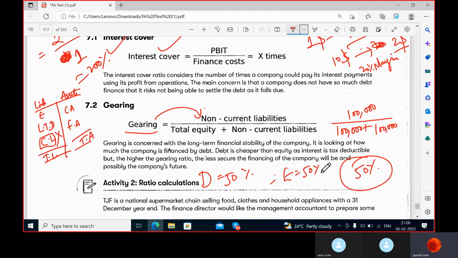So many companies want to take more debt than equity. Why? Because they find it easier to arrange, and they have some advantages with this debt finance. What advantage they have is, debt finance is nothing but loan. When companies take loan, they have to pay interest to the liability holders, that means the creditors or the bank from whom the company has borrowed.